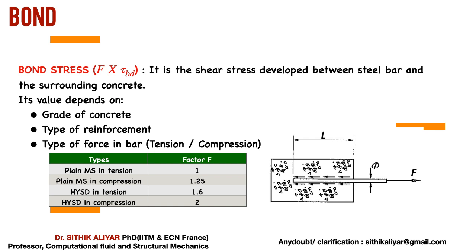If you take a bubble gum or something, when you pull it, the central thickness will come down. When you are compressing it, the thickness will go up. So whenever there is compression in the steel bar, the diameter of the bar will increase, and then you will have more bond. So compression will have higher values. Okay, so for plain MS, you can note the table here.